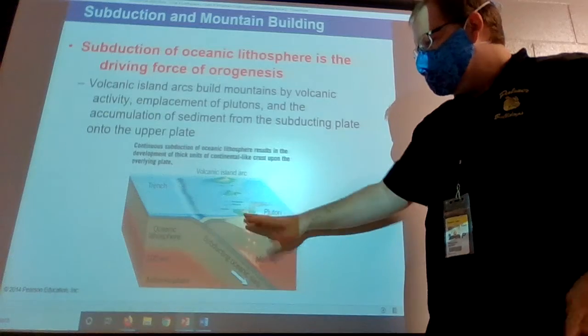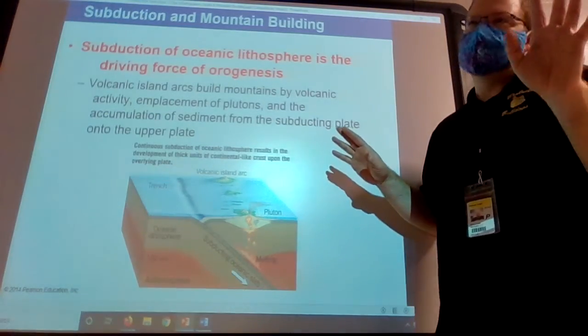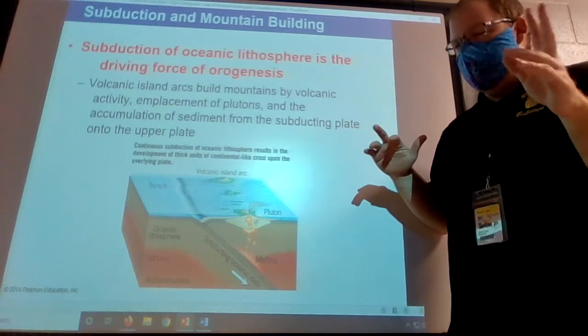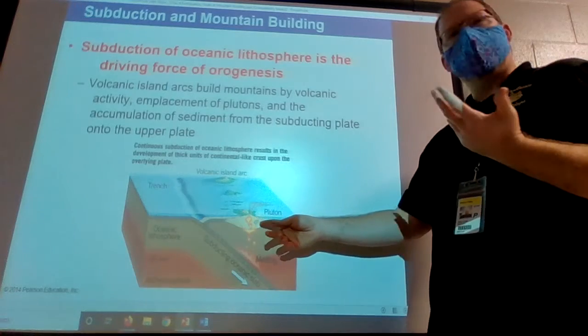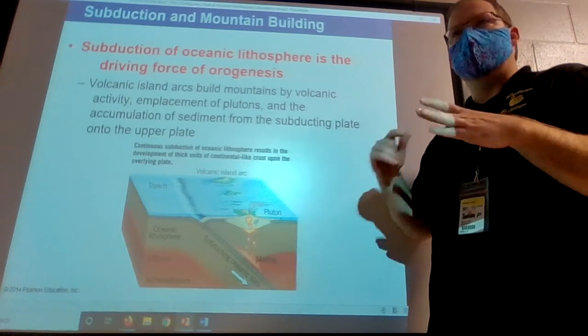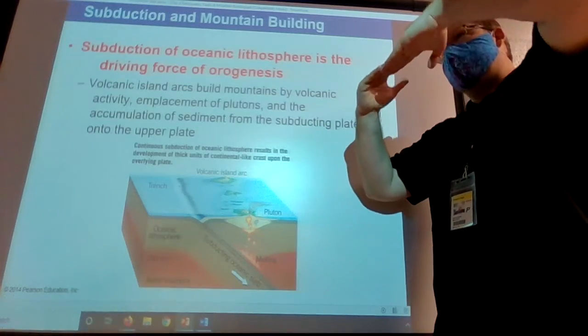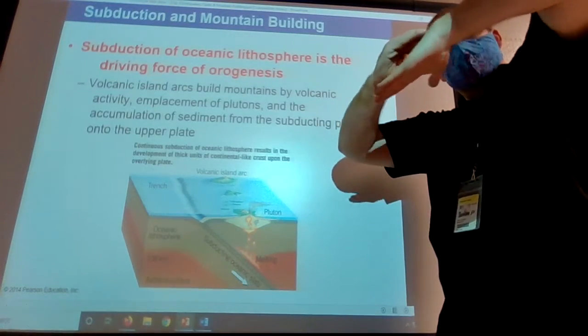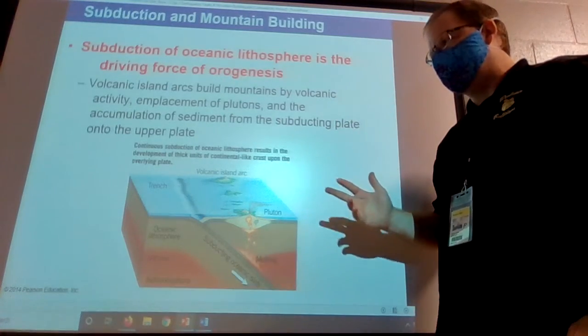And when this plate gets subducted underneath something else, this is maybe a bad image, but you know how you scrape mud off your boots? That's essentially what happens to the islands or any larger piece of land that's not necessarily a continent. When the oceanic plate gets subducted underneath, that island gets scraped away and plastered onto the edge of the continent.